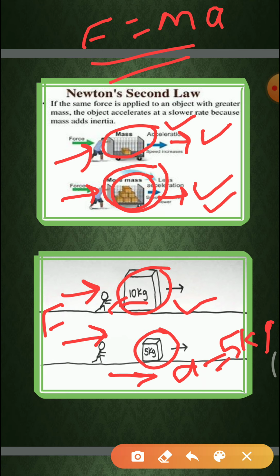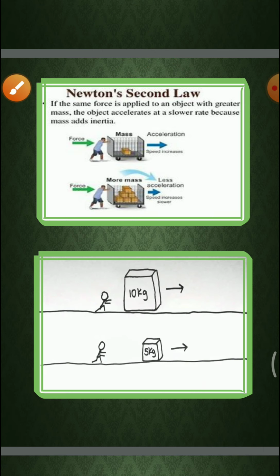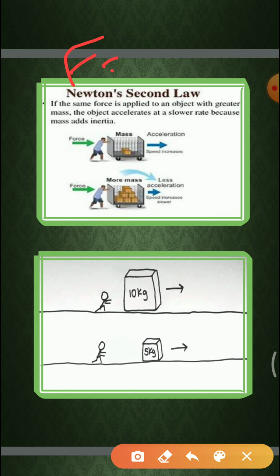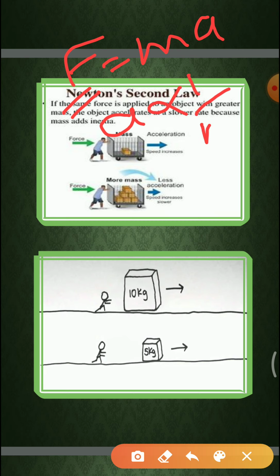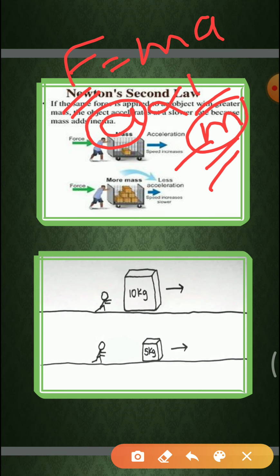Why is this so? Let us see mathematically. As we know, F is equal to m into a. We are saying that force is constant. Means a is inversely proportional to the mass of the body. Means if I am increasing the mass, then acceleration decreases, and if I am getting an increase in acceleration, that means mass is less.